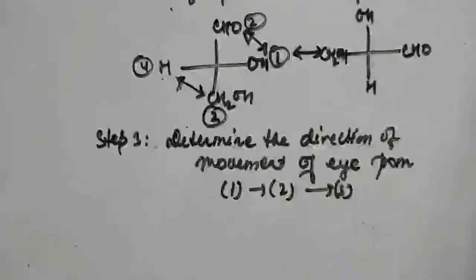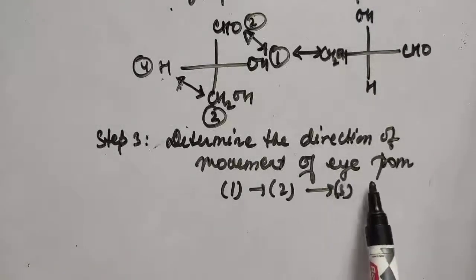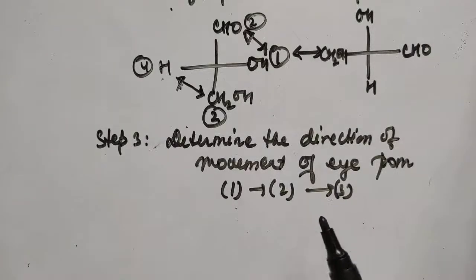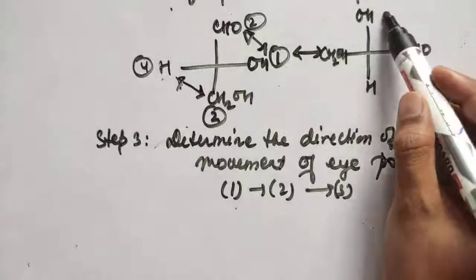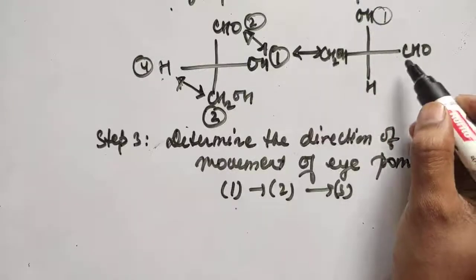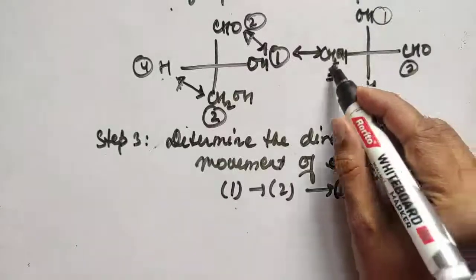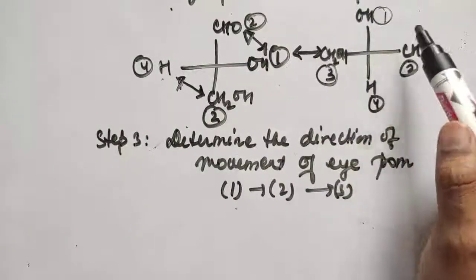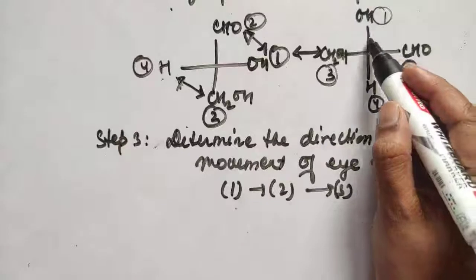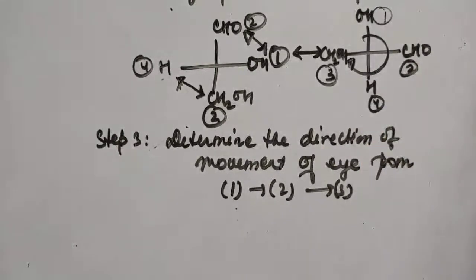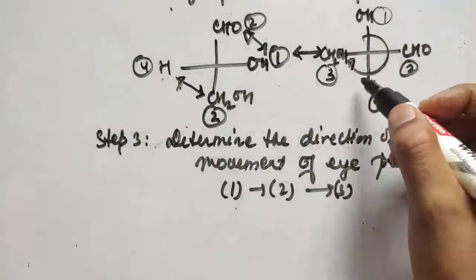Now after moving our lowest priority group in vertical position, we have to determine the direction of movement of our eye from group 1 to 2 and then to 3. So here you can see that this is first group, this is second, this is third and this is fourth. So moving our eye from 1 to 2 and then to 3, we have this type of rotation, right? 1 to 2 and then to 3.